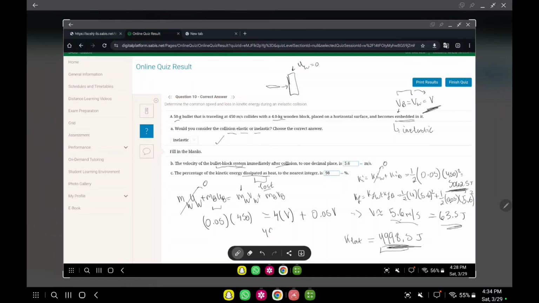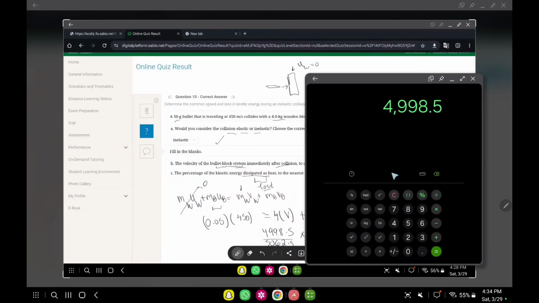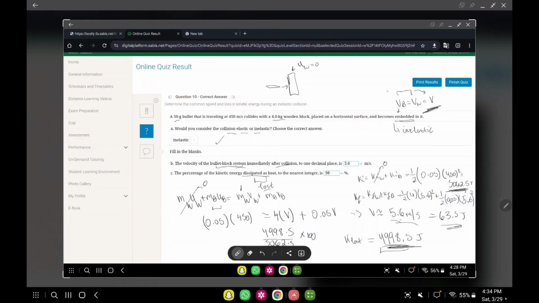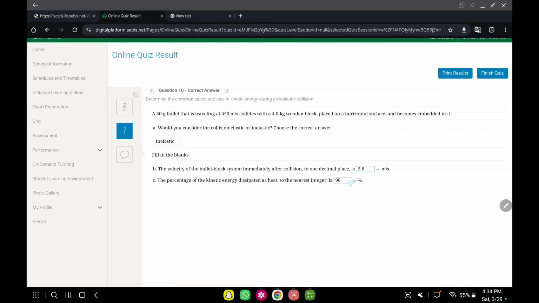So 4998.5 divided by 5062.5 times 100, and you're going to get, to the nearest integer, 99%. Let me see what they put here. Yeah, 99%. Okay, that's nice, very easy.